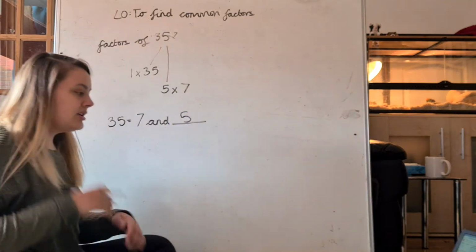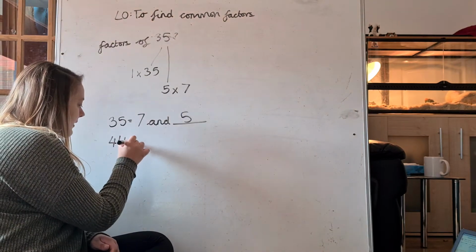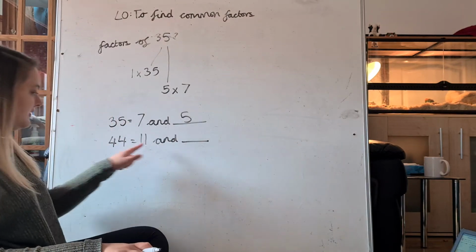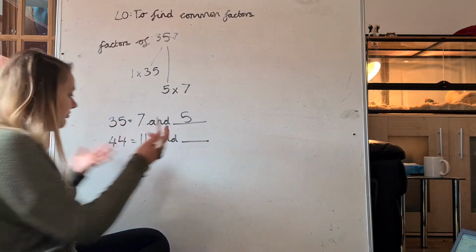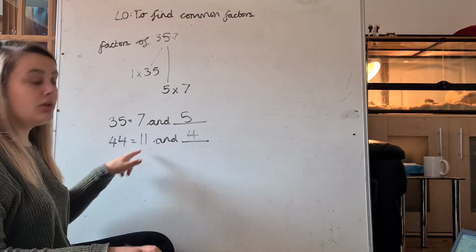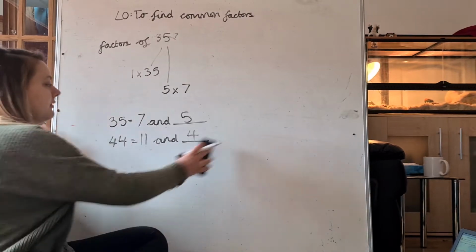Brilliant. That's what you need to do for those. If you have 44 equals 11 and blank, what's 44 divided by 11? 4. Brilliant. So those are 2 of the factors of 44. There are more, but they're 2 of them.